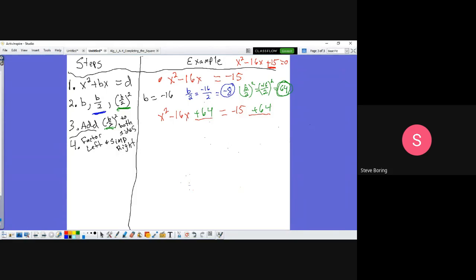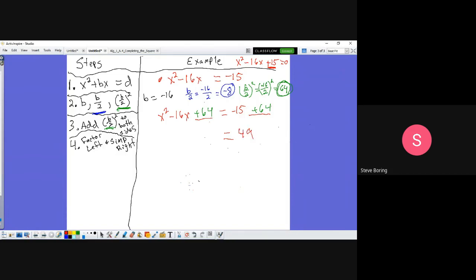It's hard writing on the screen. Hopefully that makes sense. So step 4 is factor the left side, simplify the right. Well, let's start with simplifying the right just because it's already fairly easy. Negative 15 plus 64 is just like 64 minus 15. So I think that would be 49.